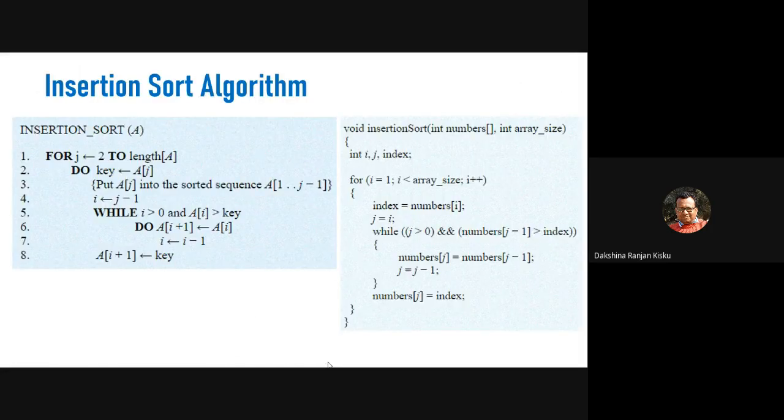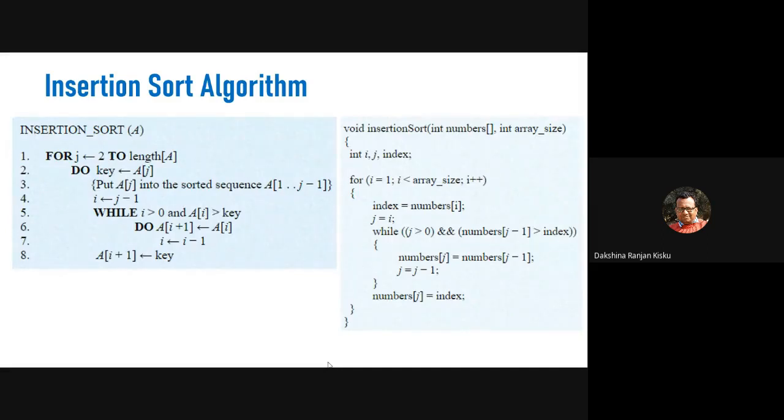Now we will study the algorithm here. If we see the algorithm for insertion sort, then we can see that the key value is chosen first, which is indicated by AJ.